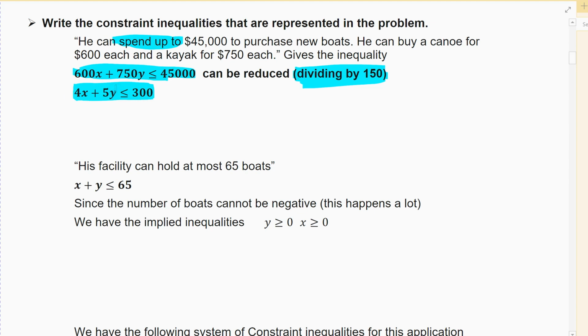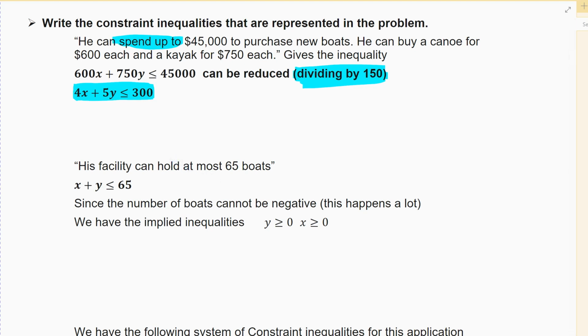Those two equations are exactly the same. This is just the reduced form. The 4x plus 5y less than or equal to 300 still means the same thing. Still means a budget of $45,000. X still represents the number of canoes. Y still represents the number of kayaks. It still follows the same pattern. So there's my first inequality: 4x plus 5y less than or equal to 300.